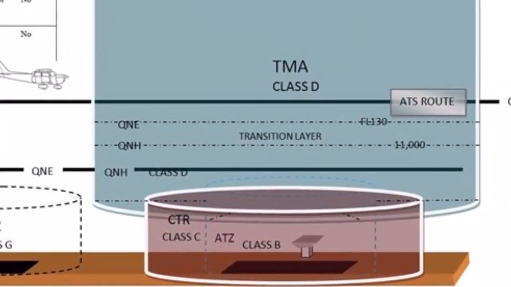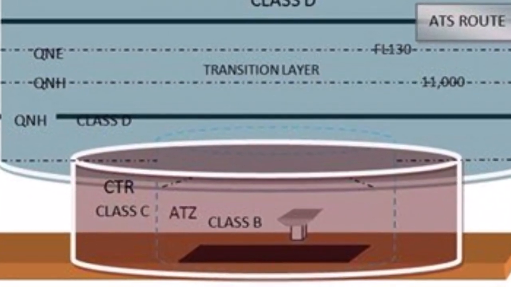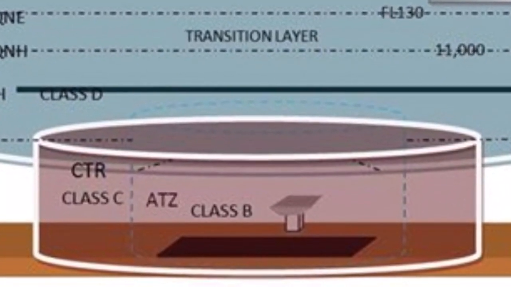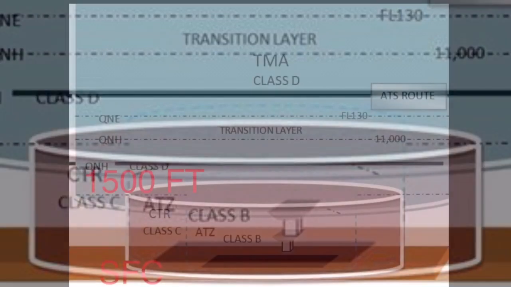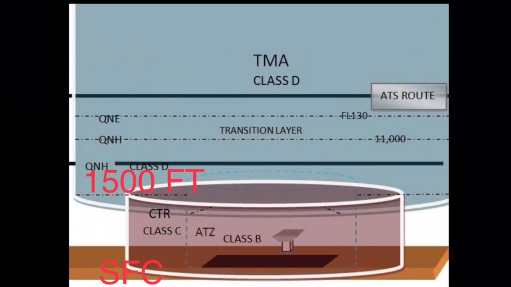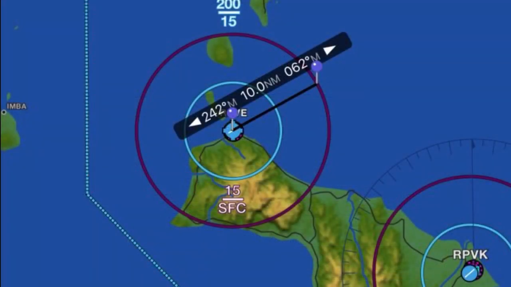Now, in order to provide continuity of controlled airspace for IFR aircraft all the way down to the aerodrome surface, a control zone, or CTR, is established from the floor of a TMA down to the ground. Thus, a typical CTR extends vertically from 1,500 feet AGL down to the surface and outwards horizontally to a 10 nautical mile radius from the aerodrome reference point.